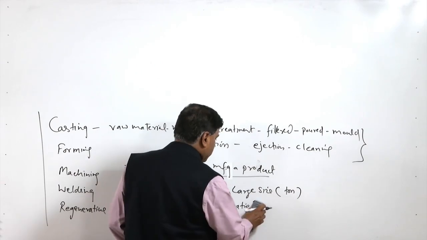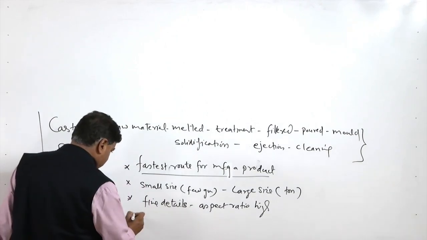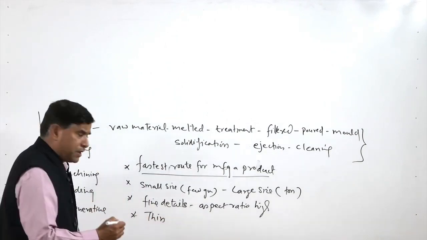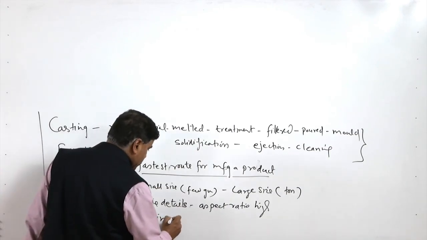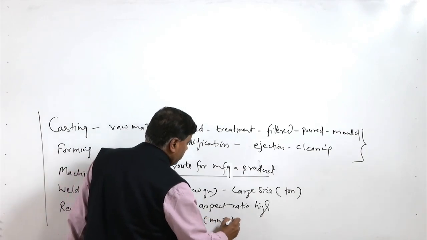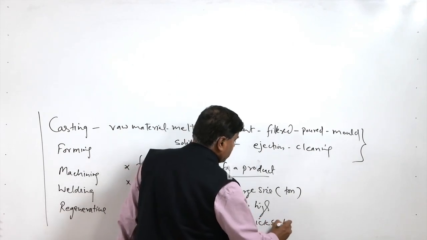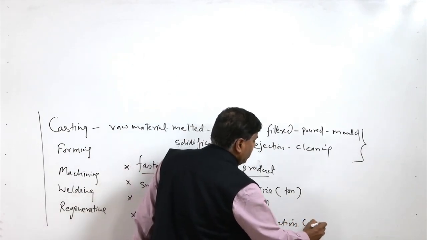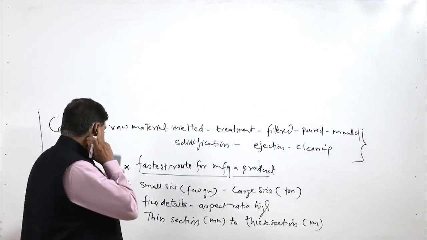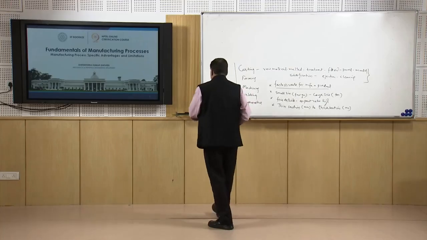So, it can be used for making components with very thin sections of a few millimeters to very heavy thick sections, maybe in meters also. These are some of the very positive sides of this process.